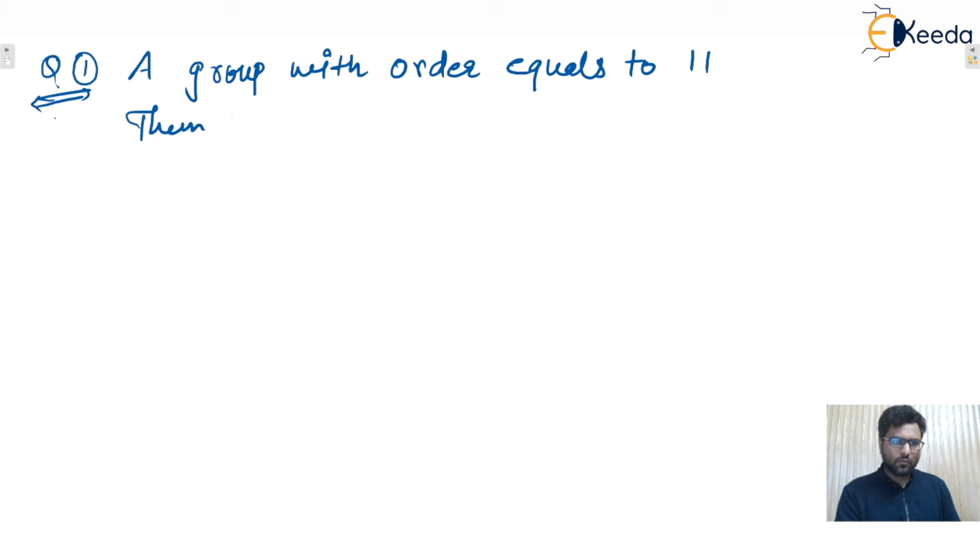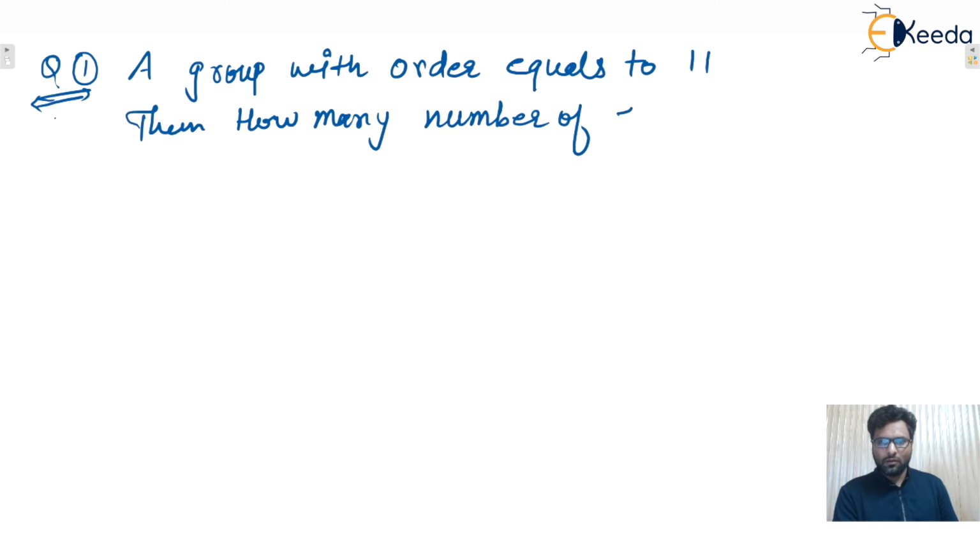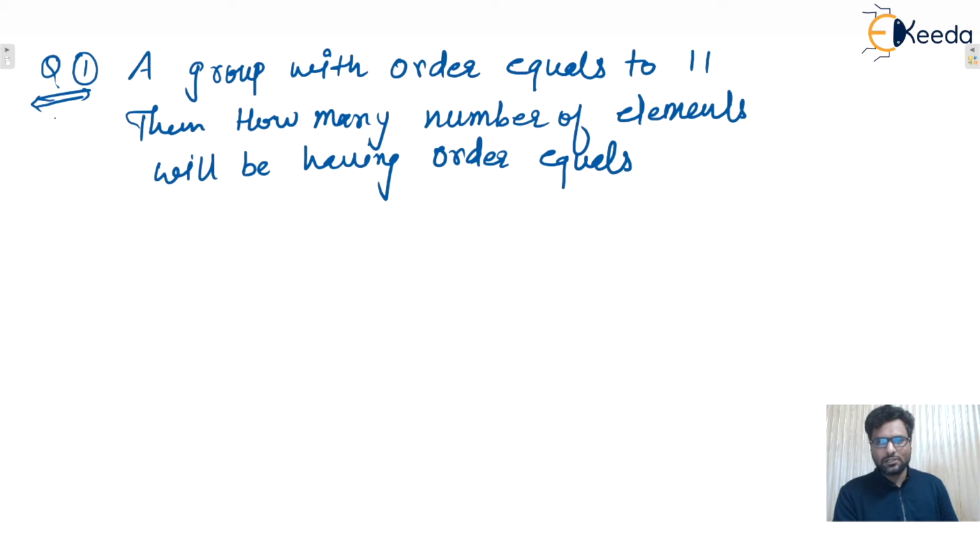Then how many elements will have order equal to 11? That is the question.